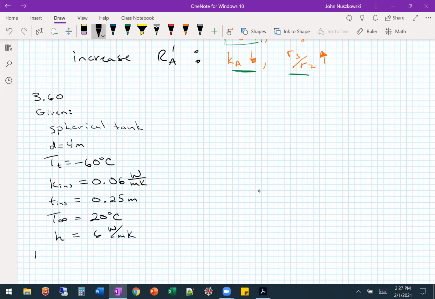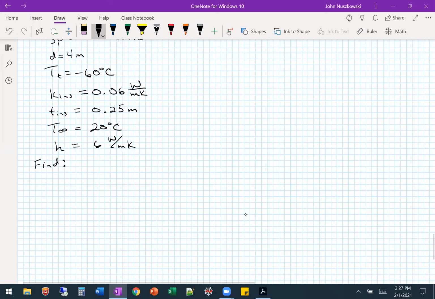They want us to find the radius, and I'm going to call that RZ, where the temperature, which I'm going to call TZ, is equal to 0 degrees Celsius.